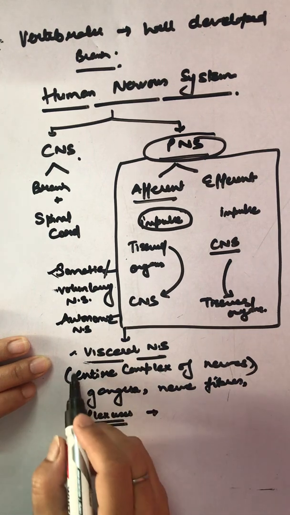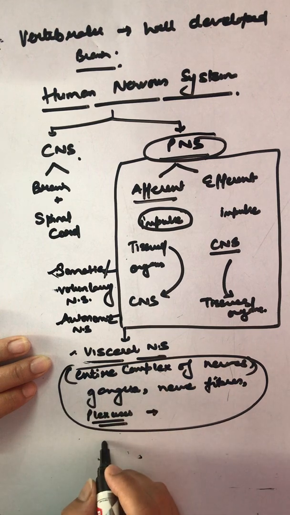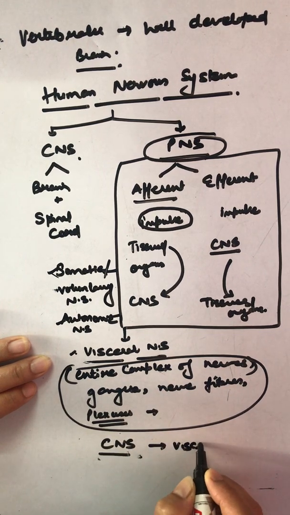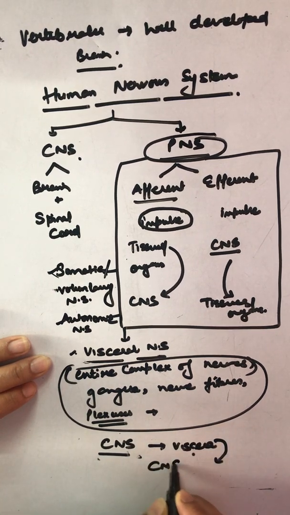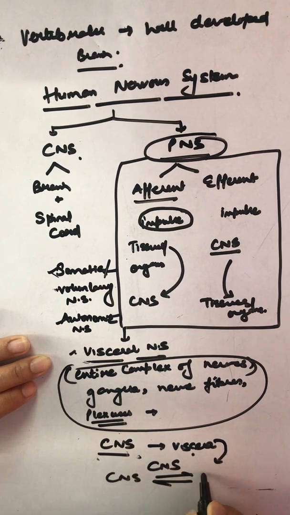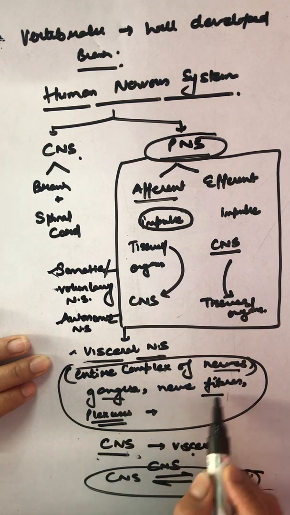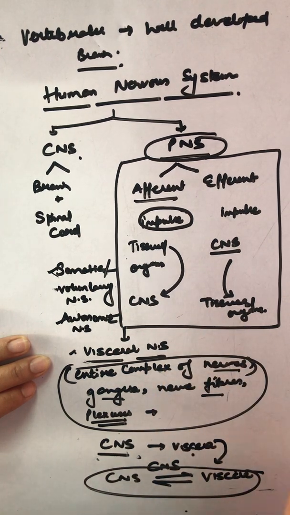It controls all of them. And how does the impulse travel? Impulse travels from CNS to viscera, and from viscera to CNS. But when this conduction takes place, it takes place through nerves, ganglia, fibers and plexus. This is how the three parts of the PNS are described.